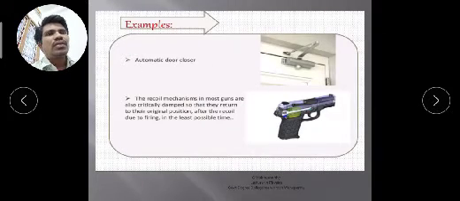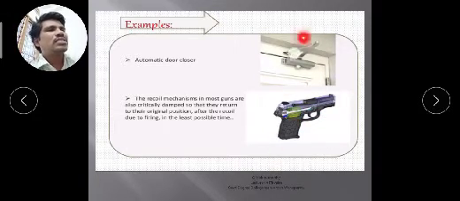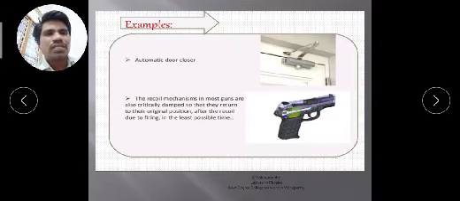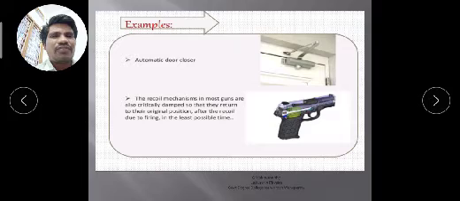An example is the hand pistol, and this is the automatic door closer. The recoil mechanism in most guns is also critically damped, so that they return to their original position after the recoil due to firing in the least possible time.